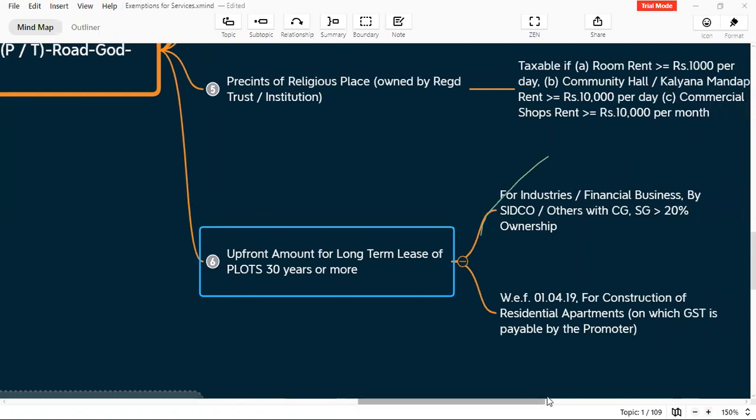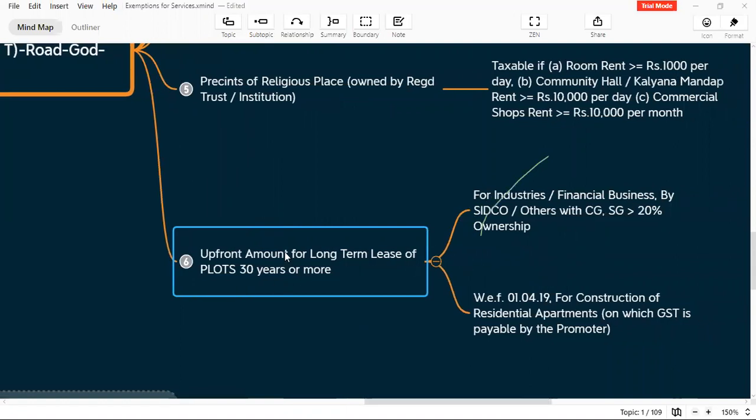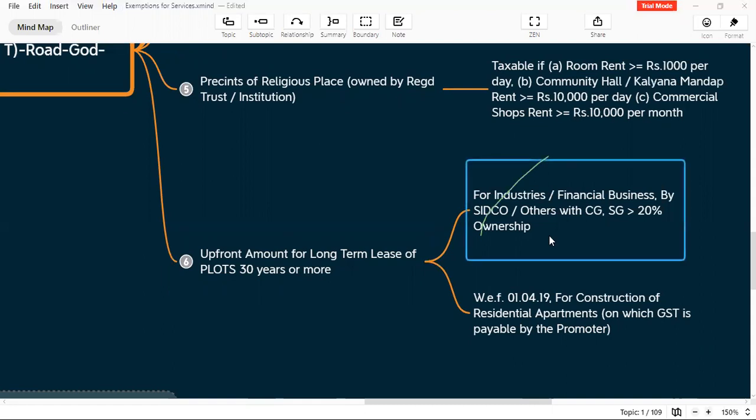So it says, if there's an upfront amount you pay for a long-term lease of at least 30 years. As I told you, most of the new companies coming up, they enter into a lease with the industrial government undertakings for at least 30 years. That's why they define the word 30 years there. And for industries, you have been given an exemption.